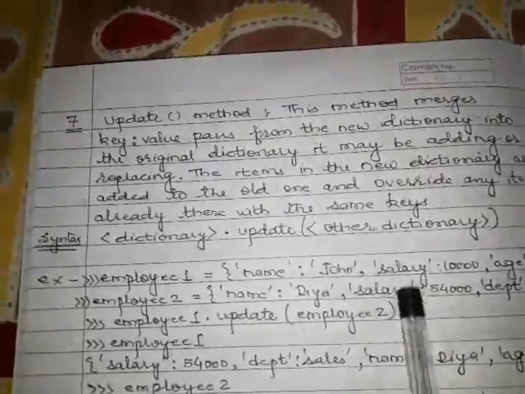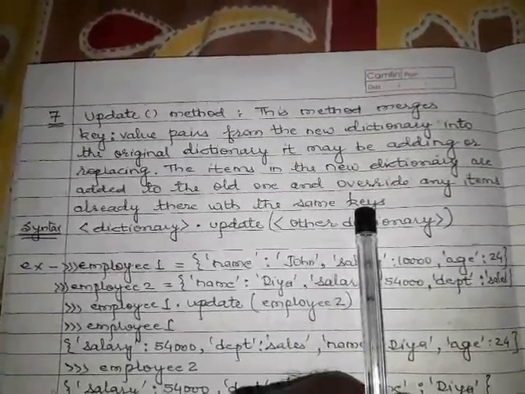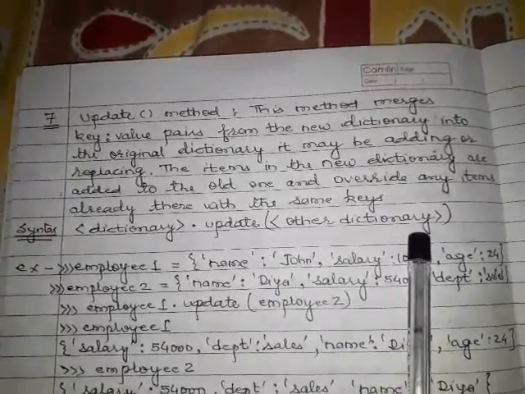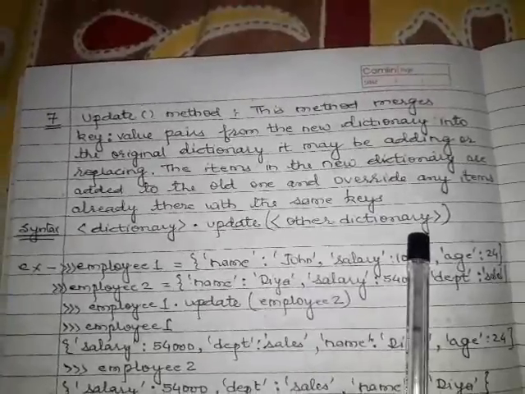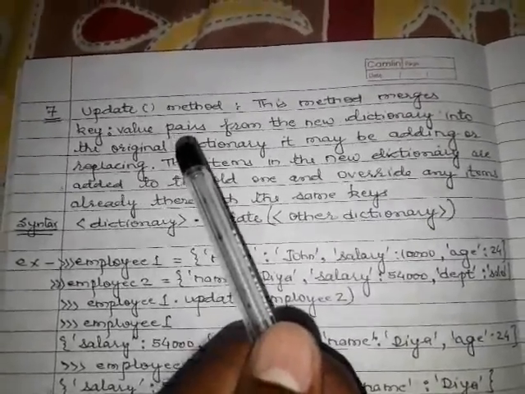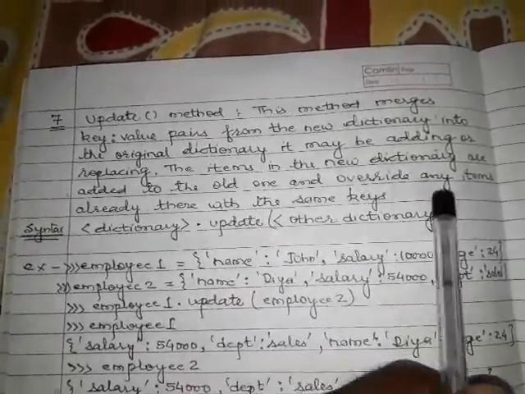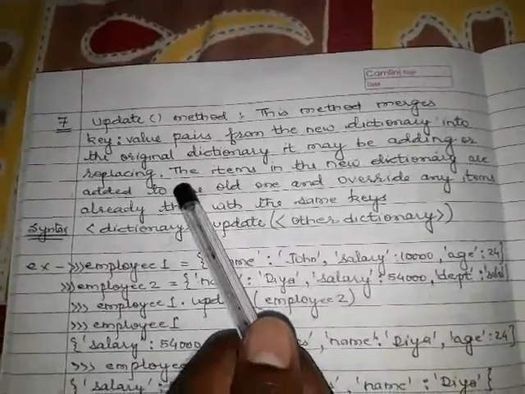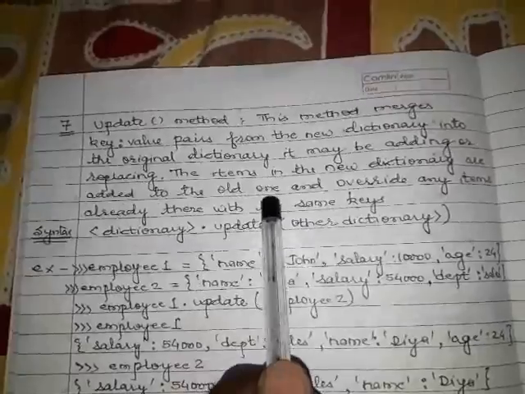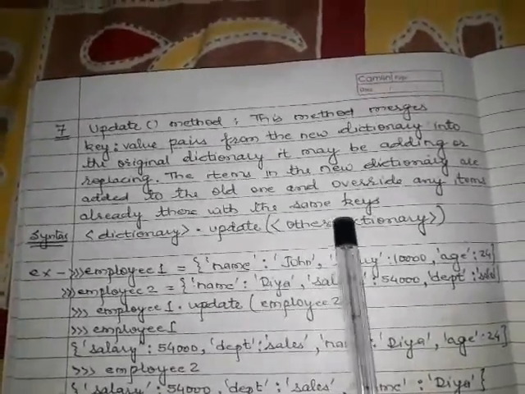Update is a little bit lengthy, go through it very carefully. This method merges key value pairs from the new dictionary into the original dictionary, or we can say the old dictionary. It may be adding or replacing when you use update. The items in the new dictionary are added to the old one and override any items already there with the same key.